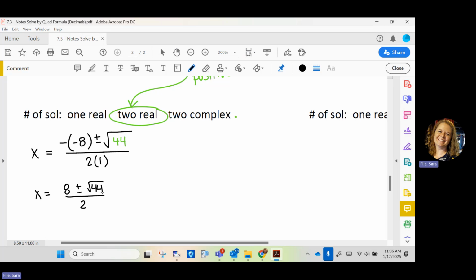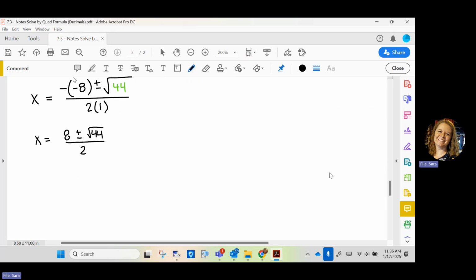That's what the notes are called today. They've got decimals in them, so we're going to be dealing with decimals. Now remember, because of that plus or minus, I'm going to have to separate this out. I'm going to have to do it once with a plus and once with a minus.